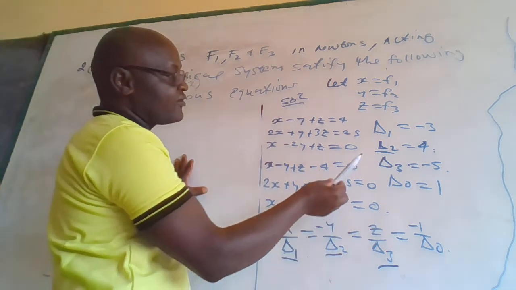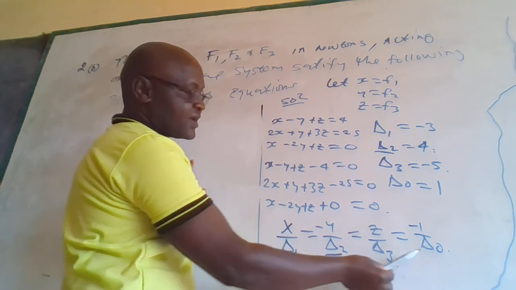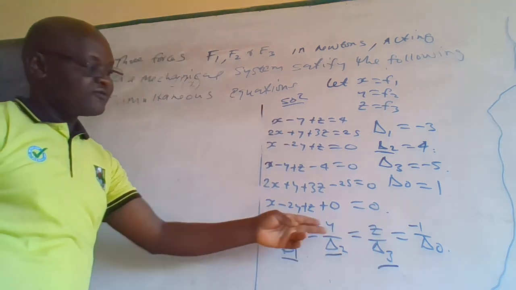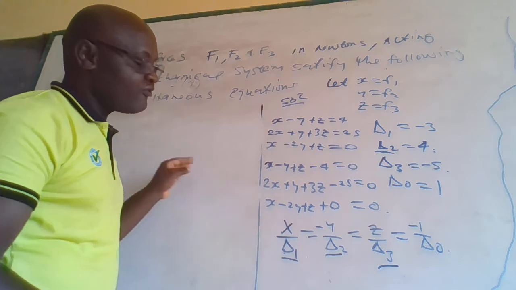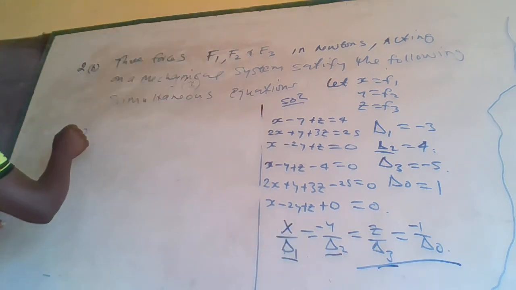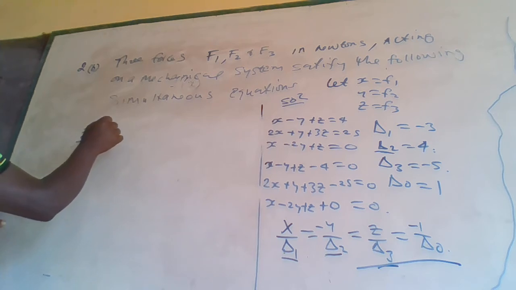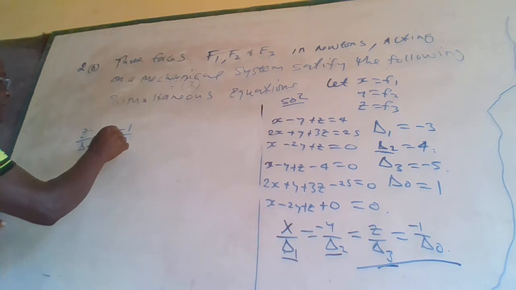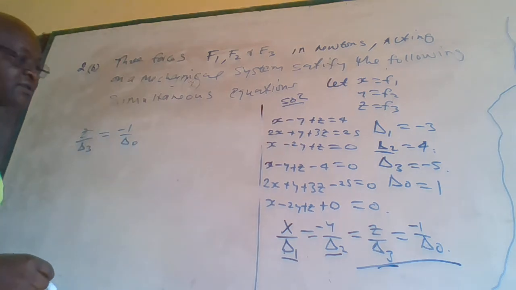Therefore, once we have del 1, del 2, del 3, and del not, we can now move on and start finding the values of the unknowns. We can start with this one. We say that z over del 3 equals negative 1 over del not. But what is our z?